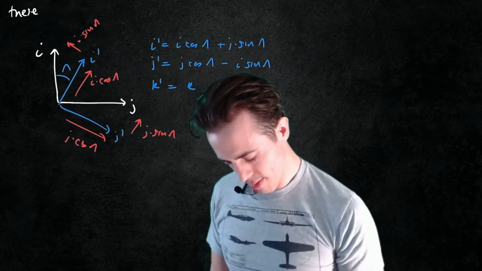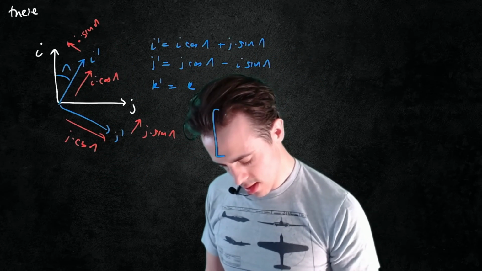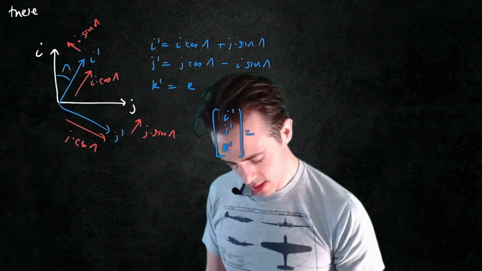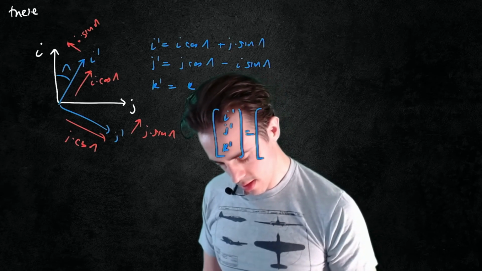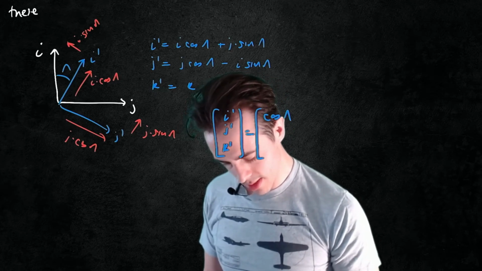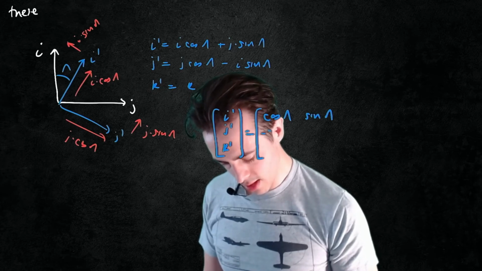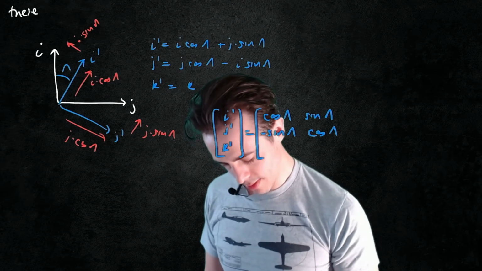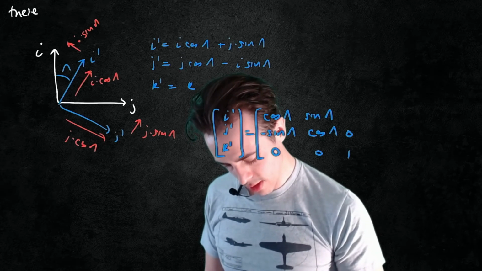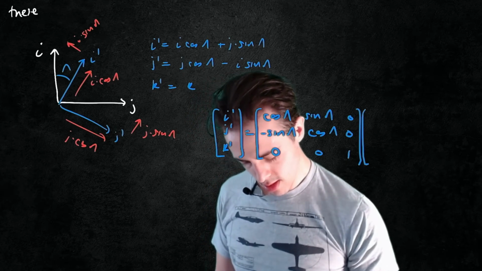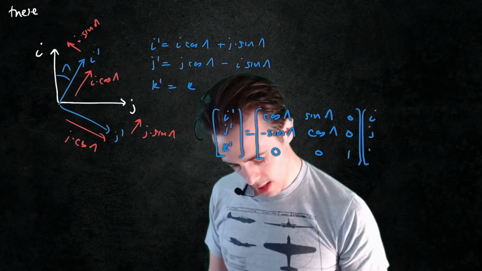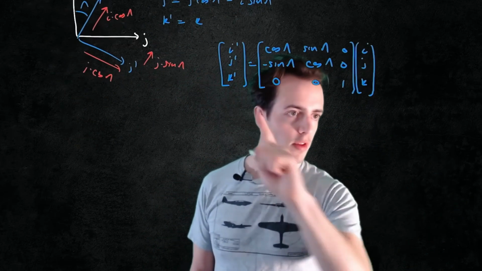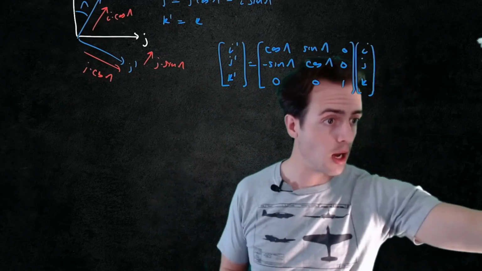So then I get this rotation matrix. i prime, j prime, k prime is equal to cos lambda, sine lambda, minus sine lambda, cos lambda, 0, 0, 1, 0, 0, times i, j, and k. So I've got this rotation matrix now that enables me to relate quantities in my swept reference frame from my unswept one.